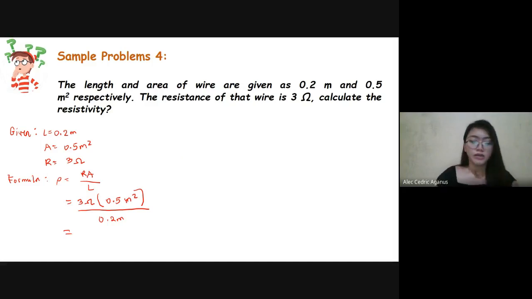So it's 3 times 0.5 divided by 0.2. We have 7.5 ohm meter. Don't forget the units. So we have 7.5 ohm meter.